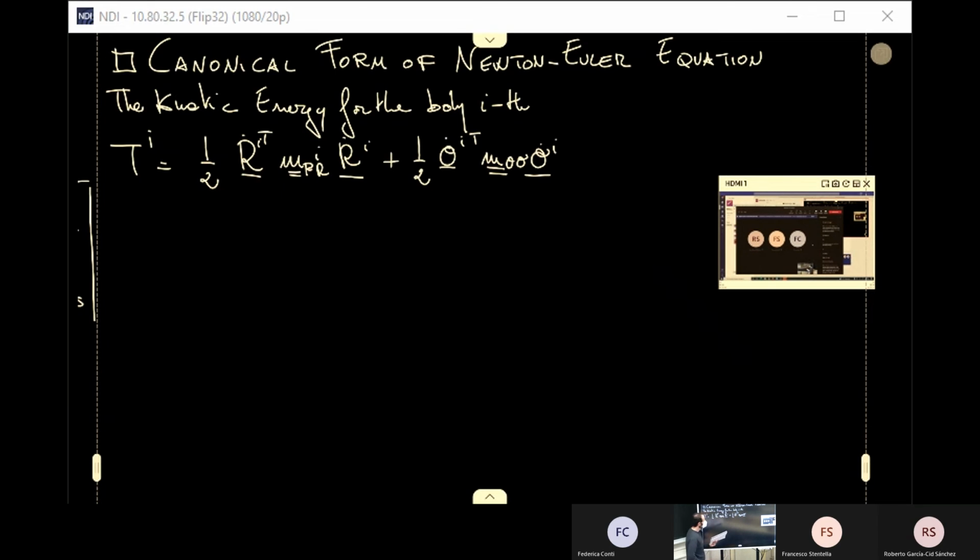Okay, so we basically are missing... so we say body frame centered in center of mass. So we don't have the last term.